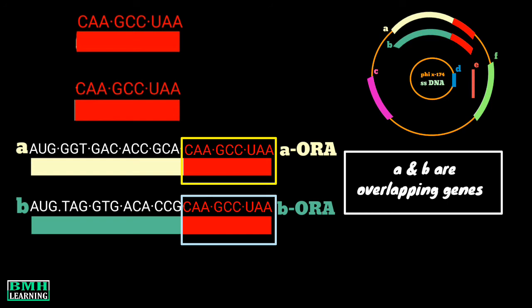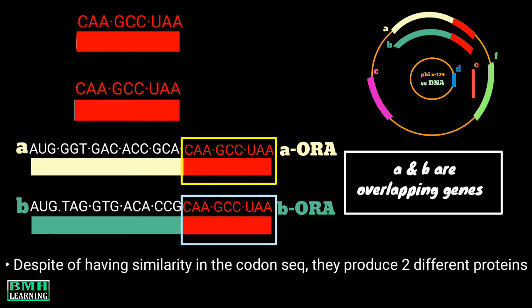And why do we call them overlapping genes? Because some part of gene B is overlapped by part of gene A. The important thing is that despite having similarity in the codon sequences, they produce two different proteins.